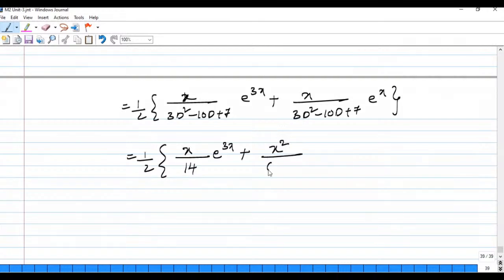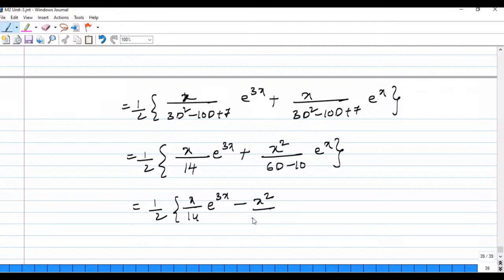So x square by 6D minus 10 e power x. So it is 1 by 2 into x by 14 e power 3x. Now put D equal to 1, then it is minus 4. Or else you can write x by 28 e power 3x minus x square by 8 e power x.